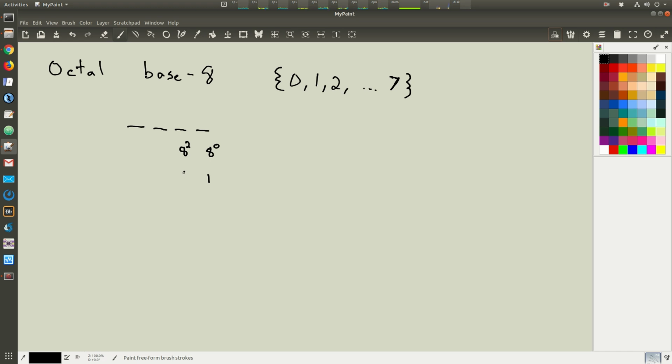So 8 times 8 is 64. Then 8 to the 3rd power and 8 to the 4th power. So 2 times 64 is 128, 2 times that is 256, and 2 times that is 512. So that's the 512's place.